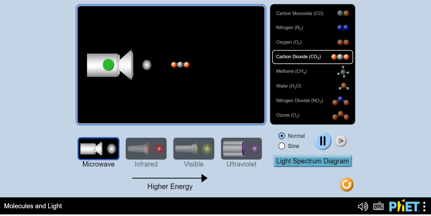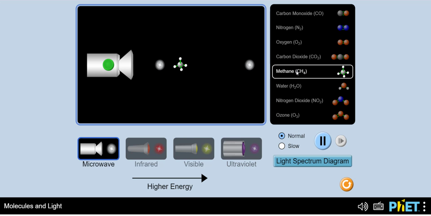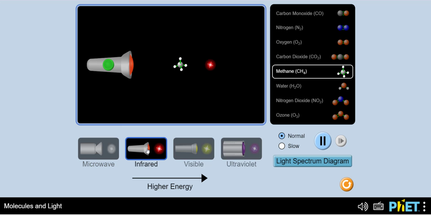Go back to microwave and methane. Going to infrared, and visible light. Switching to ultraviolet.